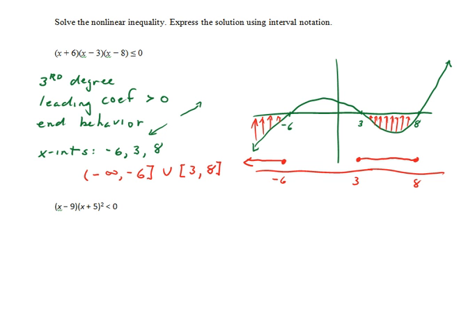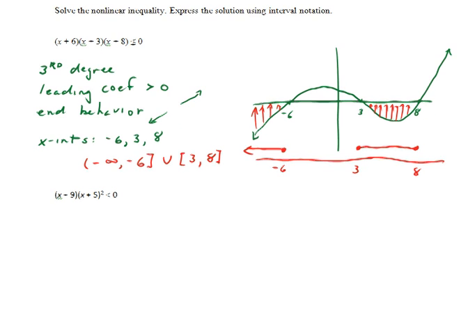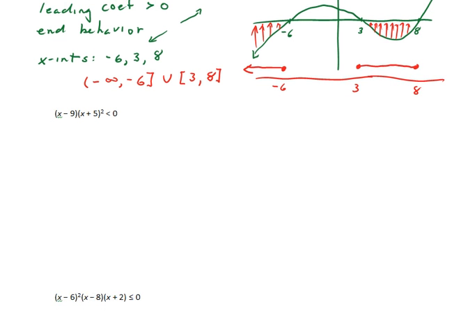Our second example is also cubic or third degree. It has leading coefficient greater than 0. Its end behavior will be the same. The difference is that the x-intercepts, we have 9, and we also have negative 5, where the negative 5 has multiplicity 2.